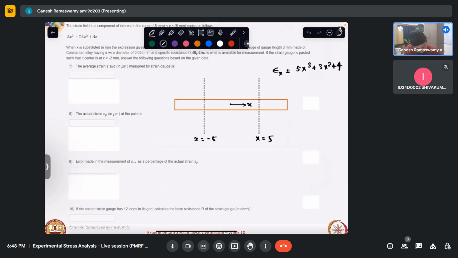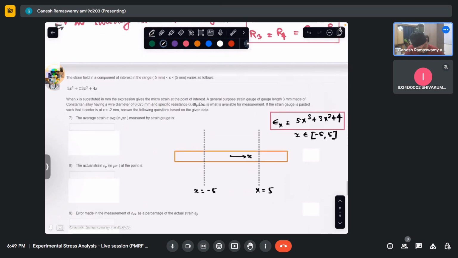And this they have found by some curve fitting or some mechanics of the problem, which they have been able to analyze analytically. And for this, the domain of x is x belongs to minus 5 to 5. This is also given.